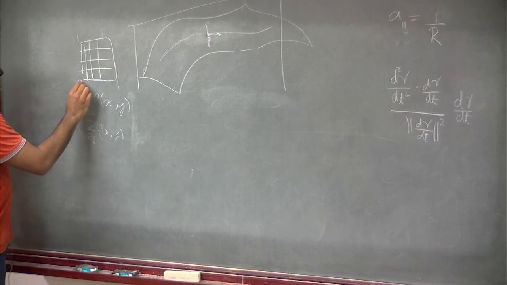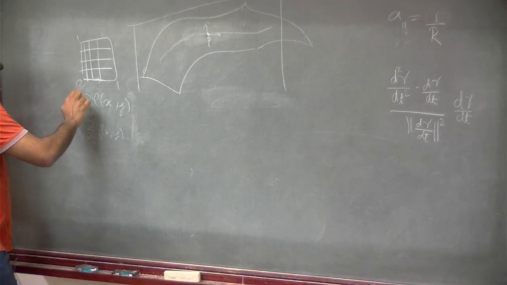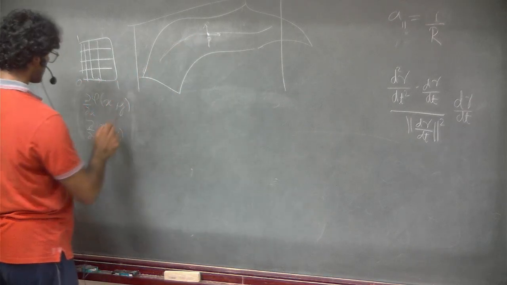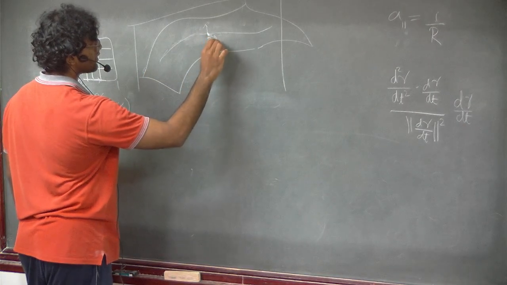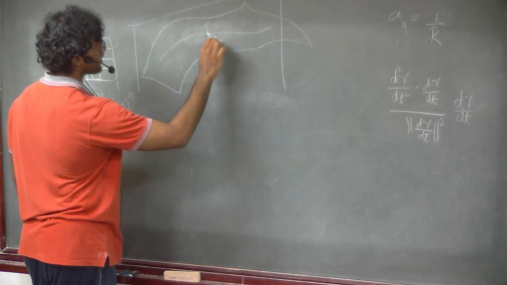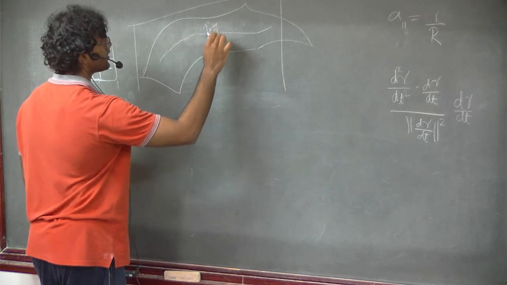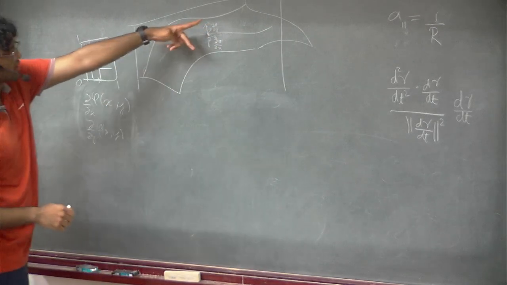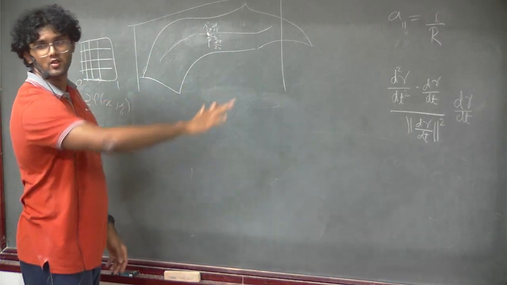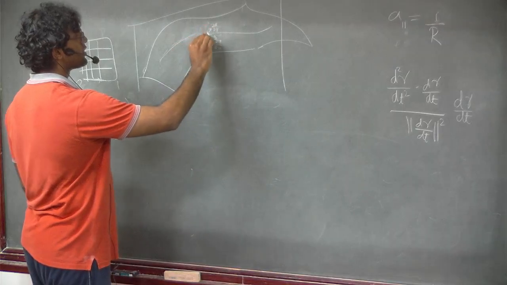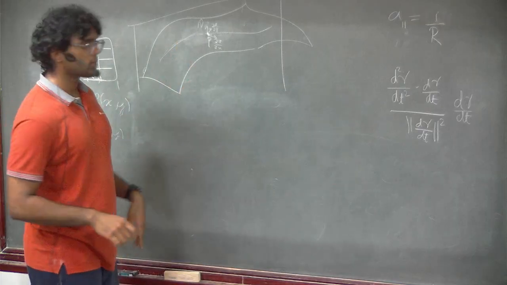You can think of this as taking a small vector here, and it gets mapped with this scaling to partial phi partial x on your surface here. Sorry, partial phi partial x here, and partial phi partial y here. This basis gets mapped to a basis of vectors here, and these two span a tangent plane to your surface. In particular, this tangent plane has a normal to it, and we'll just normalize it to make it a unit normal.